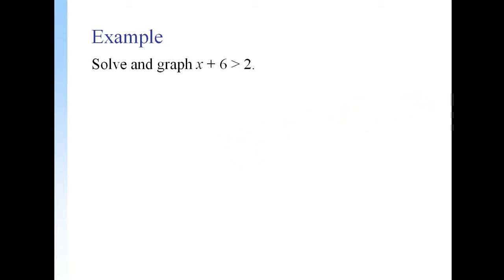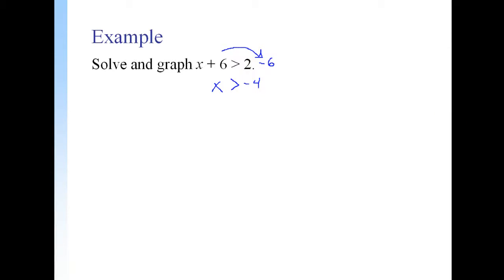So what we will do, take our 6 from this side, just transpose, and we get x is greater than -4. Because when the 6 came over, it became a -6. So we have a +2 and a -6 gives us a -4.